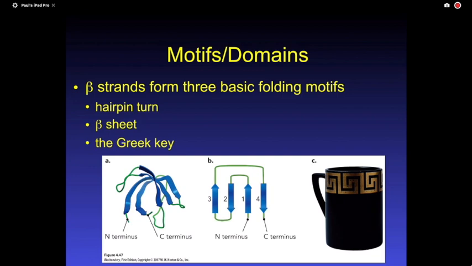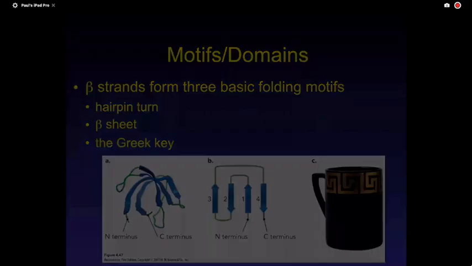What is actually happening in B are 4 beta sheets coming together in a similar pattern, and then the A is what it looks like in its fold, but the Greek key is something that's seen quite often and folds very quickly.